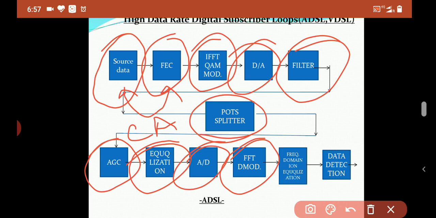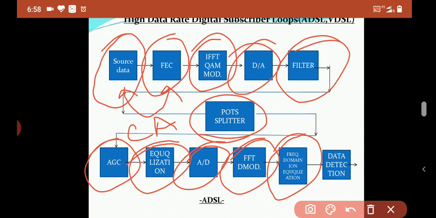Then there are other blocks also. Here we have block recovery, then a frequency domain equalizer. What does this frequency domain equalization do? Basically, it is multiplication of the complex frequency spectrum by amplitude and phase equalization parameters obtained during the training period.